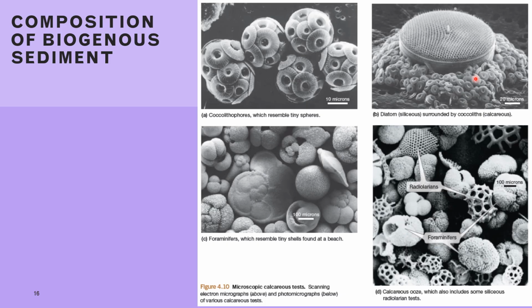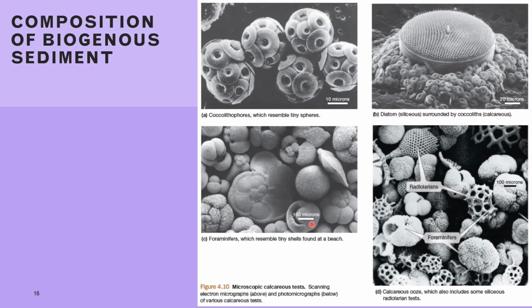Now here you can see a single diatom surrounded by coccoliths, which are calcareous. The diatom is siliceous in nature, with perforations, and it is surrounded by small coccoliths, looking like RBCs, which are calcareous in nature. And then this is an image of foraminifers, which resemble shells found at the beach.